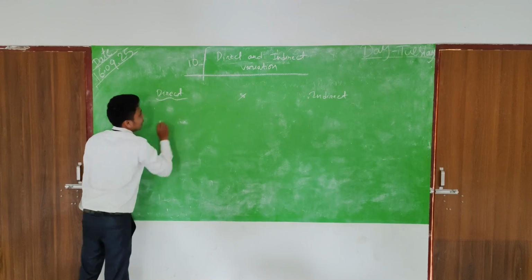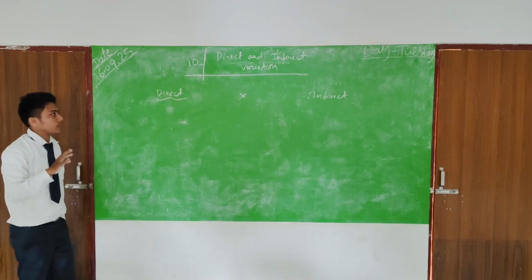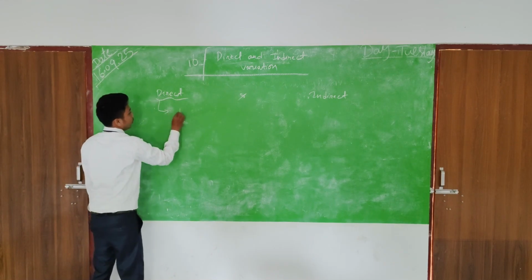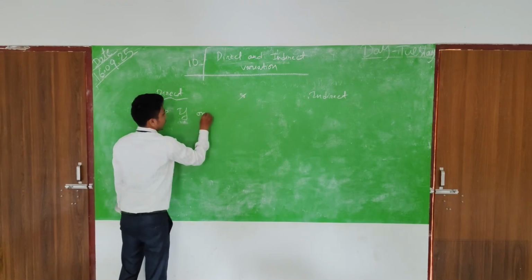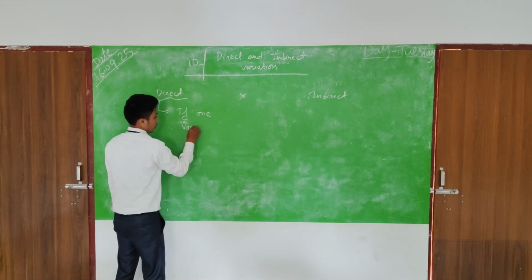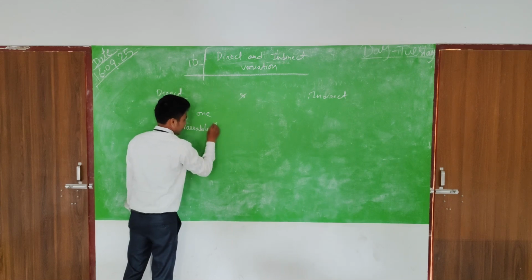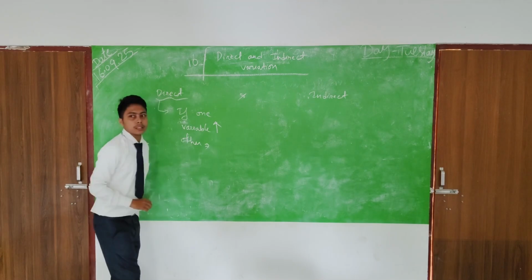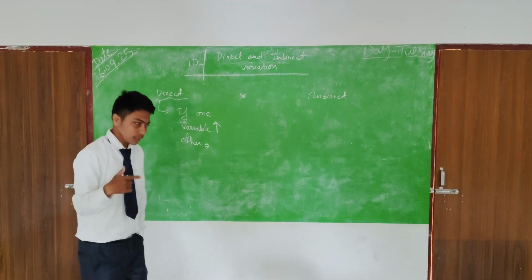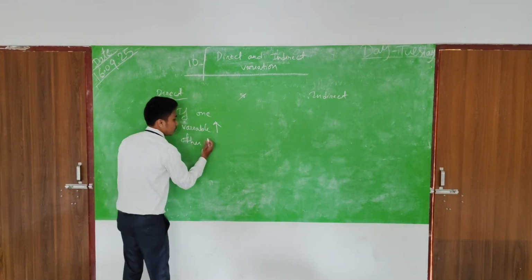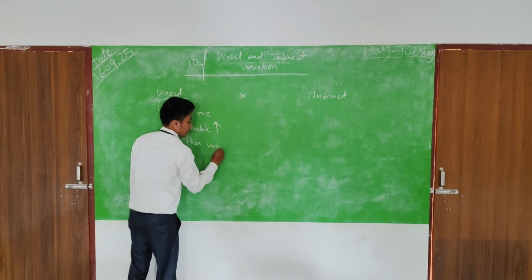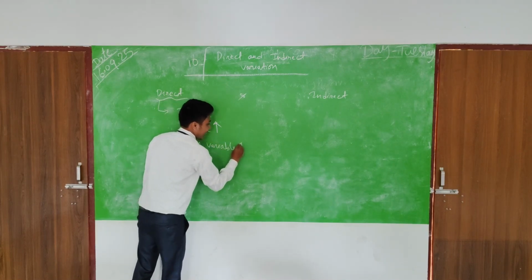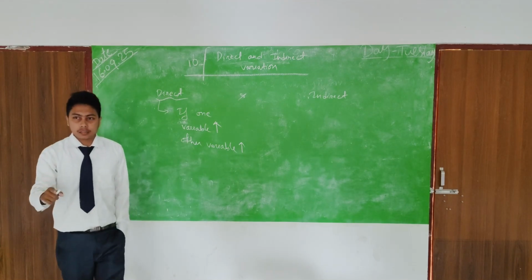In direct relation between two variables, it means that if one variable increases, then what happens to the other variable? The other variable will also increase. And how do we represent this mathematically?